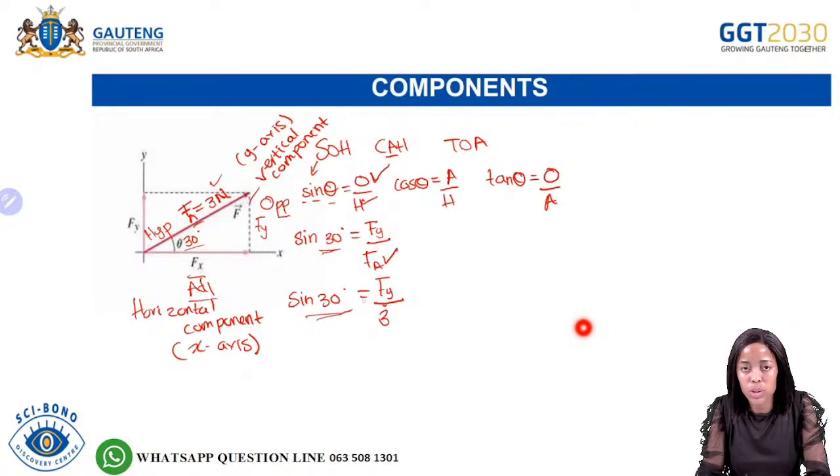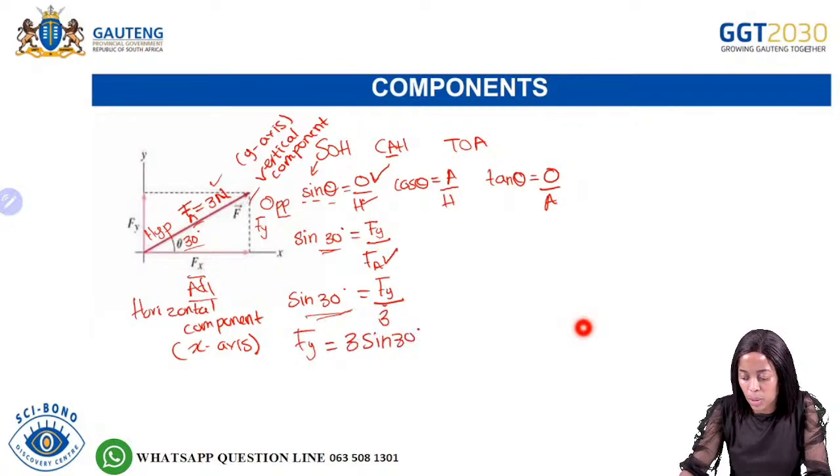Your vertical component Fy is equal to 3 sine 30 degrees. Using your calculator, it gives me 1.5 Newton.